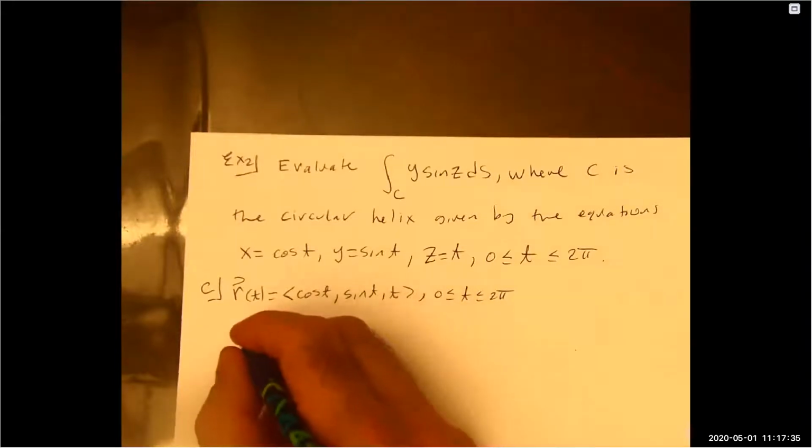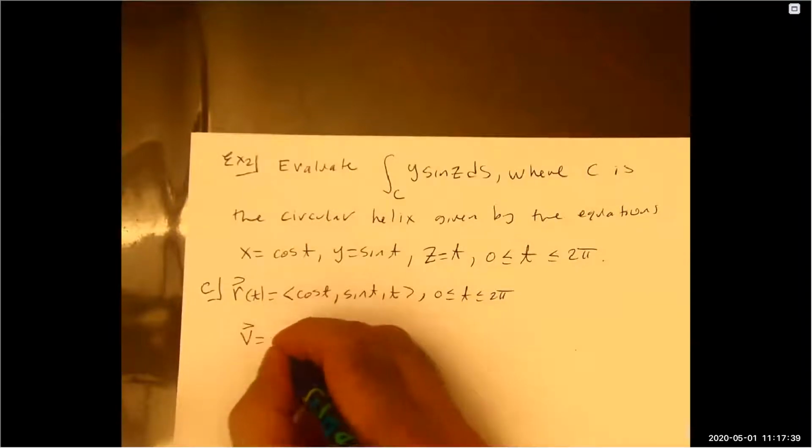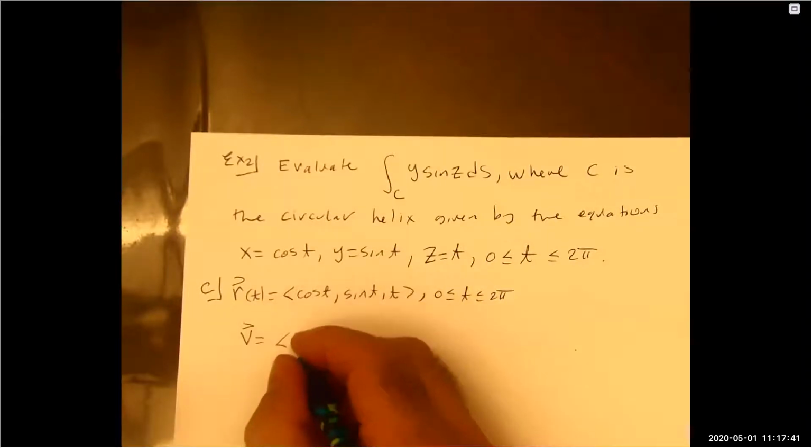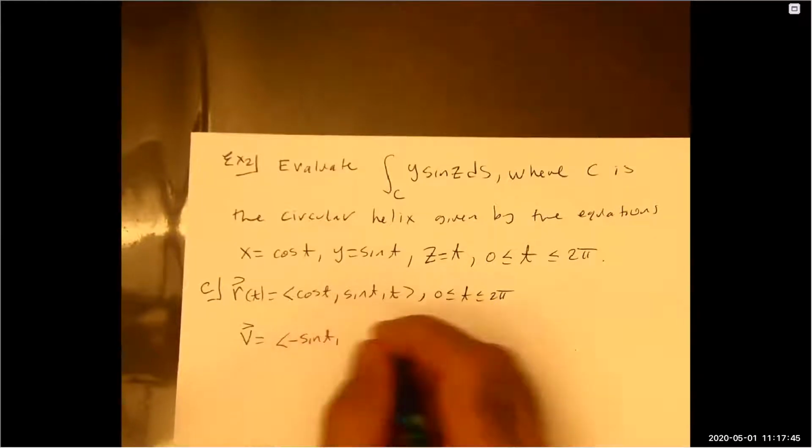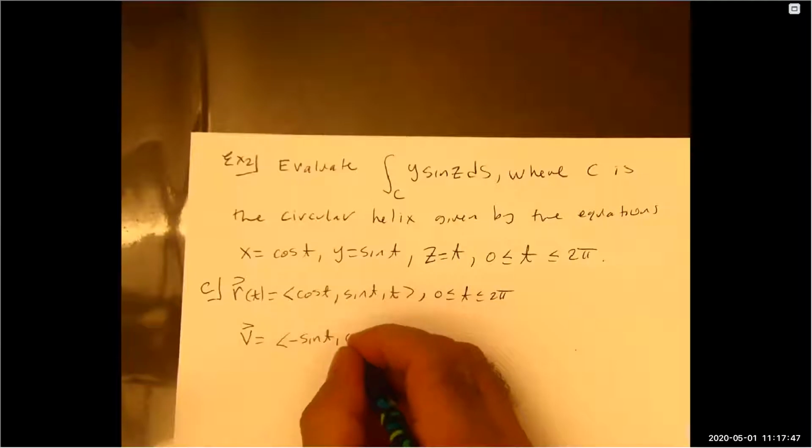So if we calculate the velocity here, we're going to get minus sine t, and then cosine t, and then 1. And so what's the speed here?